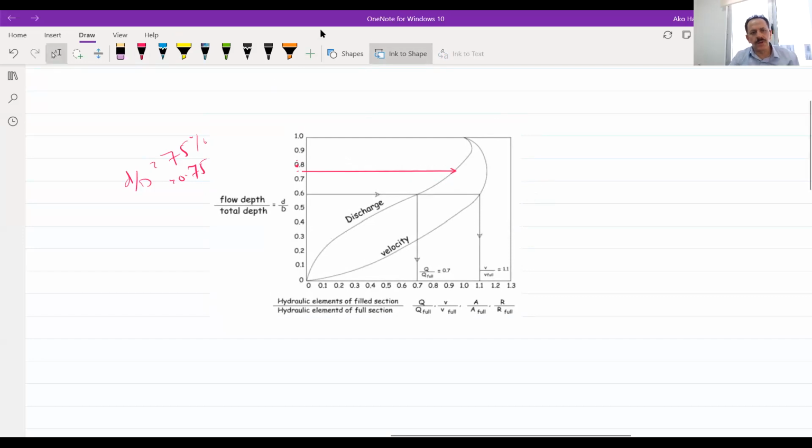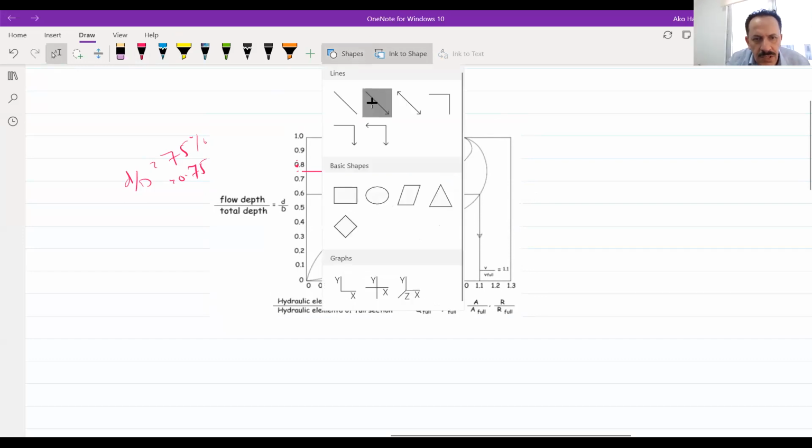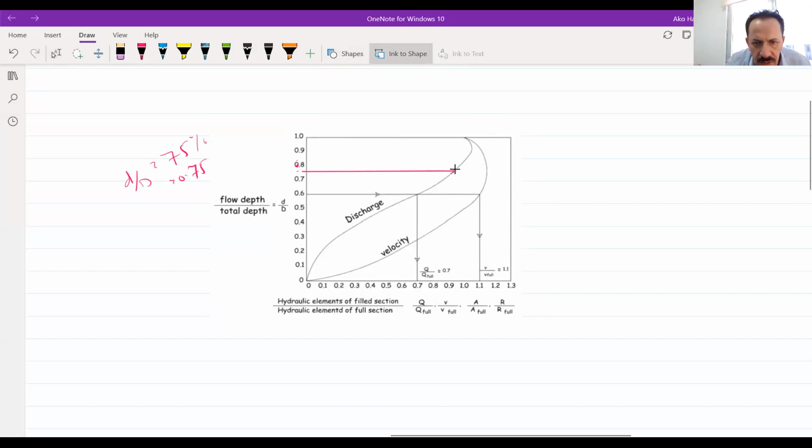Look at this one, I found a relation between the d over D and the capital Q.